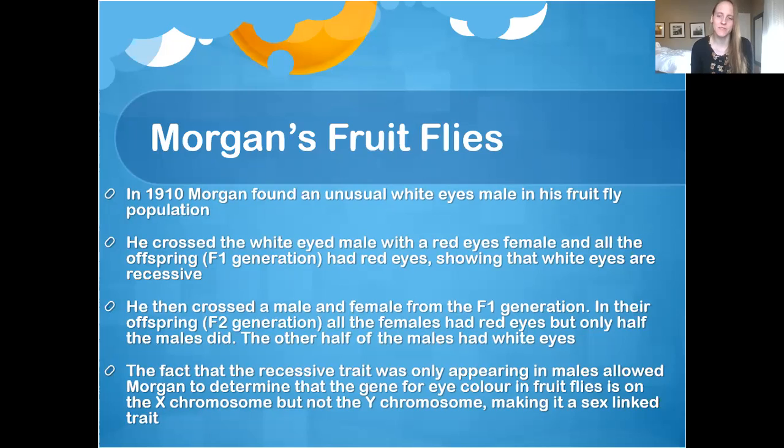So because this recessive trait was only showing up in males in the F2 generation and not in any of the females, Morgan was able to tell that the gene for eye color in fruit flies is on the X chromosome and therefore an X-linked recessive trait.